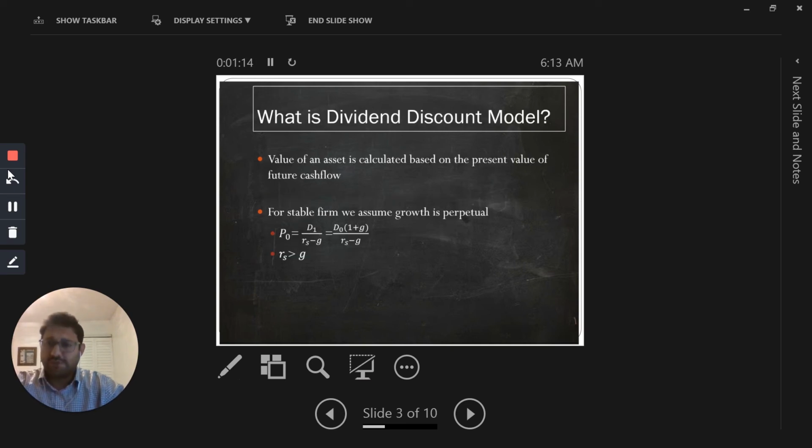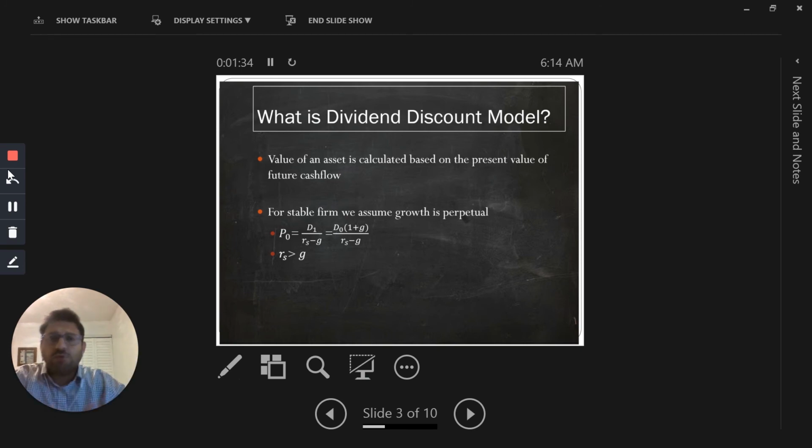So first of all, what is the dividend discount model? The dividend discount model price is based on the premise that the price of an asset depends on the future cash flows generated by the asset.